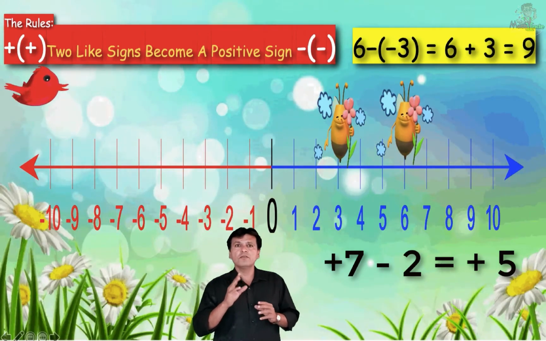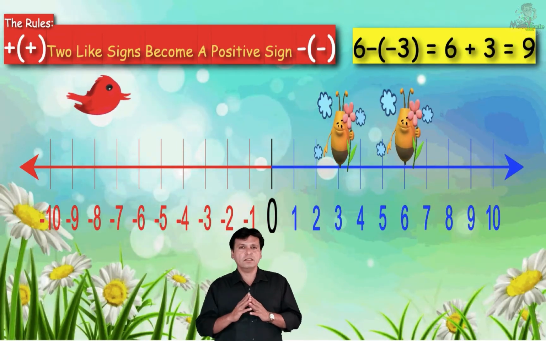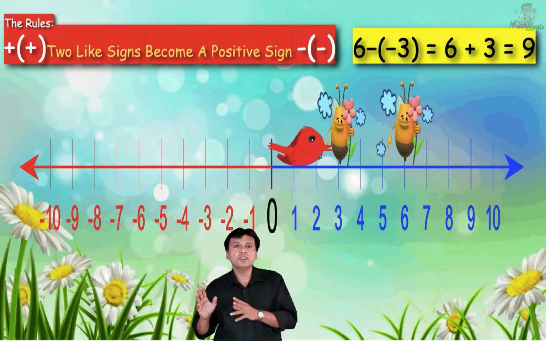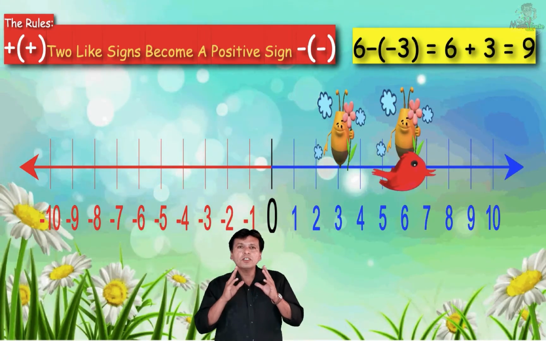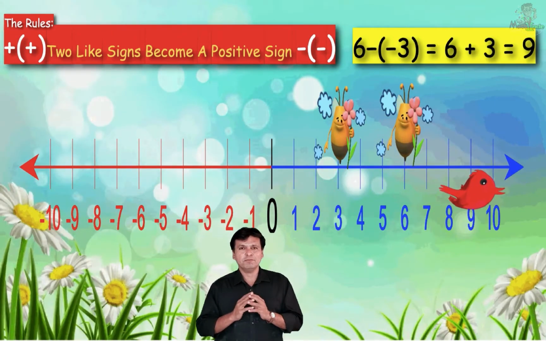Now we come to the most confusing part. 6 minus minus 3 becomes 6 plus 3 equals 9. You know why? Because subtracting a negative is like adding a positive.